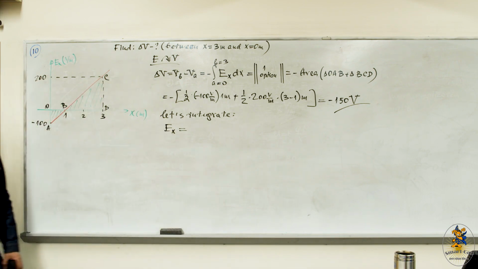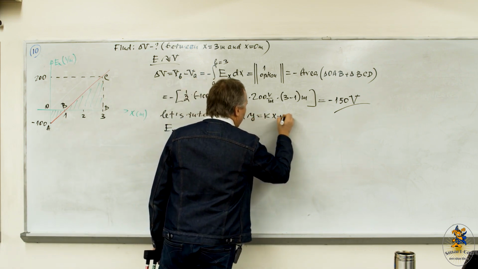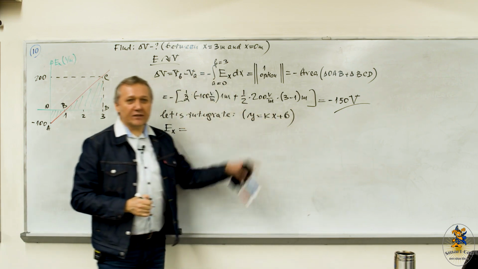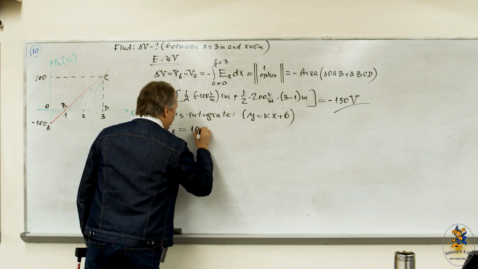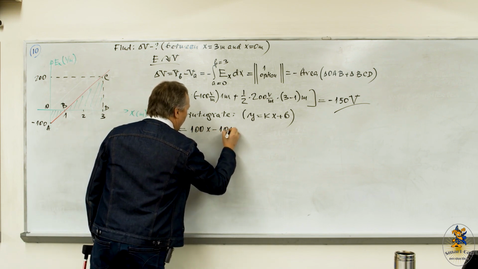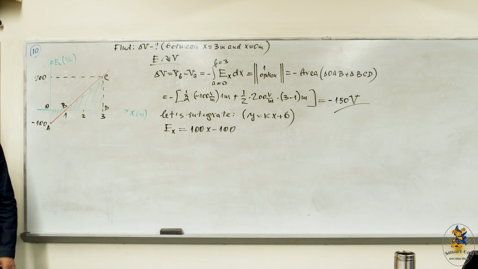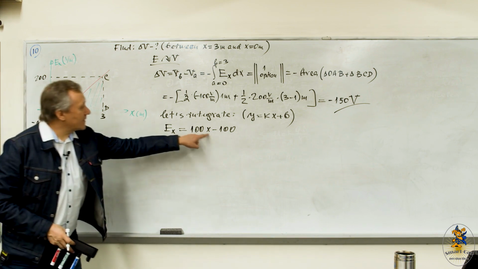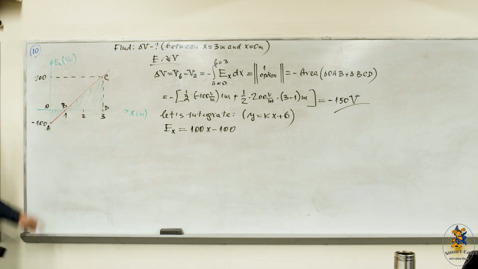Let's integrate. In order to do that, we need to write down the expression for the electric field as a function of x. You remember, y equals kx plus b, where b is the intercept and k is the slope. So in this case, it will be 100x minus 100. You can easily check it. When x equals 0, the value of E is negative 100.